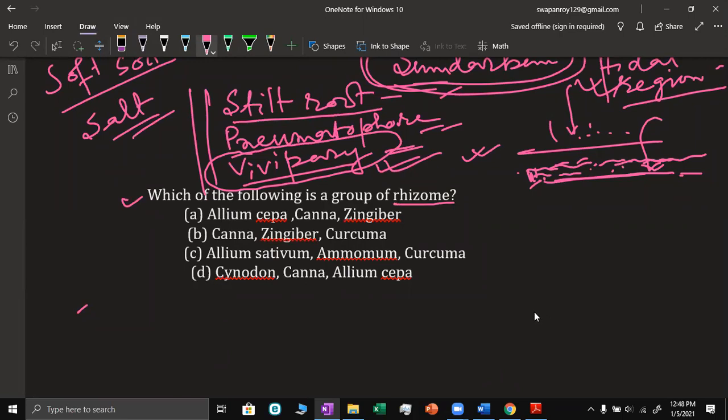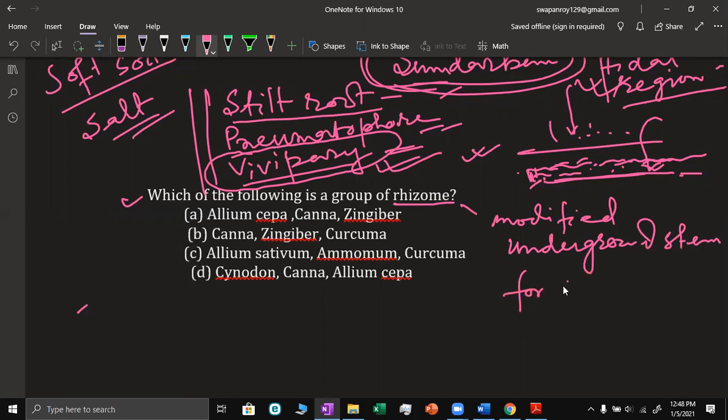Rhizome is a modified underground stem for storage of food.